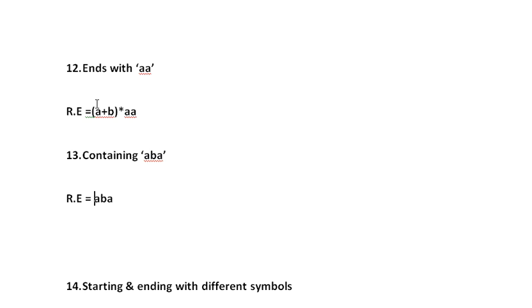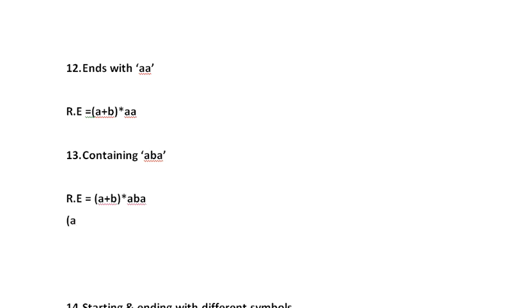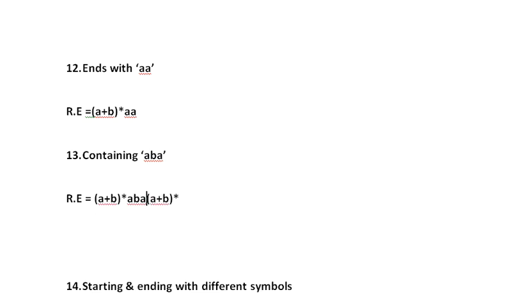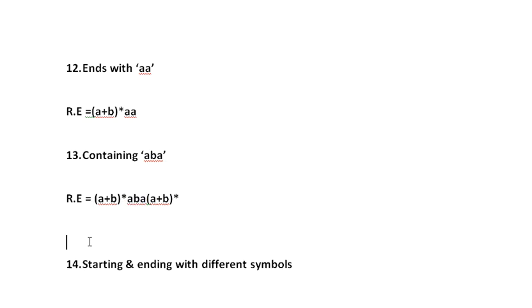So I can write it like this: (A plus B) whole to the power star in front, then ABA, and after that I can write (A plus B) whole to the power star. If you look into this scenario, if the star value is 0, then the initial string will be ABA. After that there can be any possible combination, but ABA will be there, correct? So this is the final regular expression for the language containing ABA.